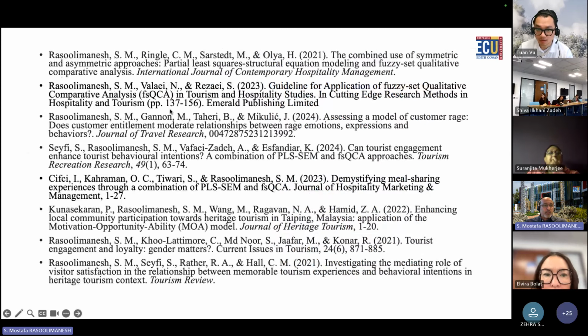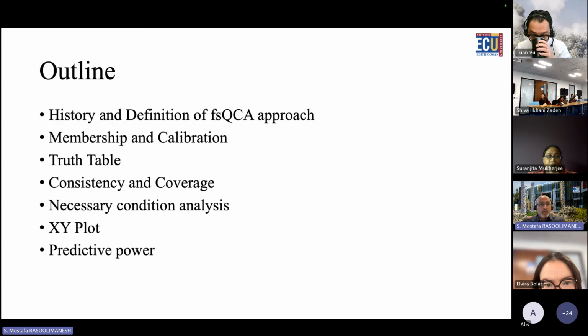Here there are a few papers that we published from 2021 by applying FSQCA, and you can see the application of this method mostly in combination with structural equation modeling and PLS-SEM. Okay, let's go through the content of this webinar.